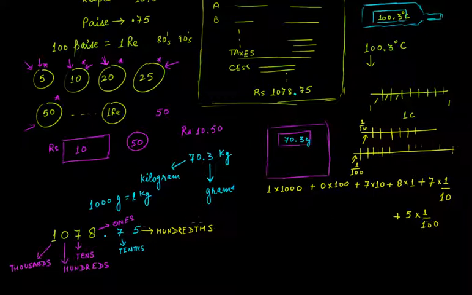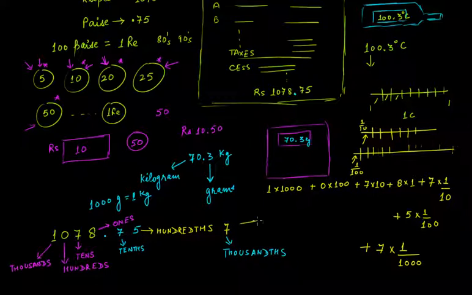If after 5 it would have been, let's say, 7, so this will be plus 7 times, this is tenths, this is hundredths, this will be thousandths. And the multiplication factor for this thousandths will be 1 upon 1000. And what does that mean?